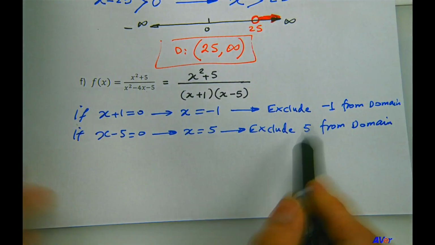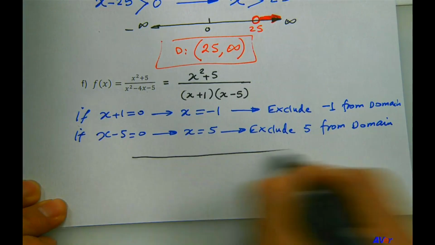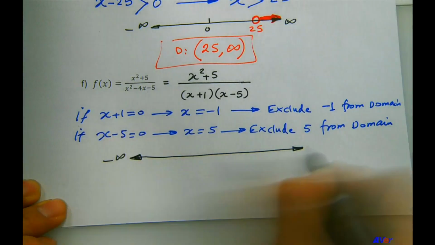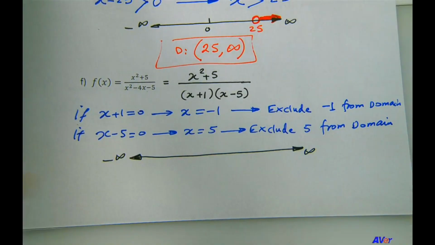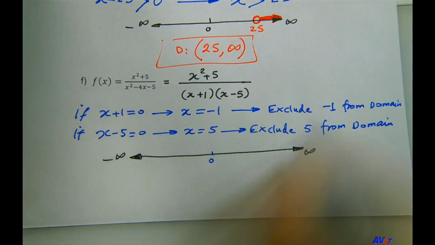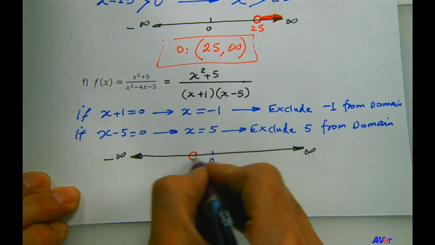Okay, so now there are two values that we need to exclude. Let's draw a quick graph. Again, the graph is not necessary. I'm drawing it just to make sure that everybody who's watching this is understanding what's happening. Negative 1 should be excluded.